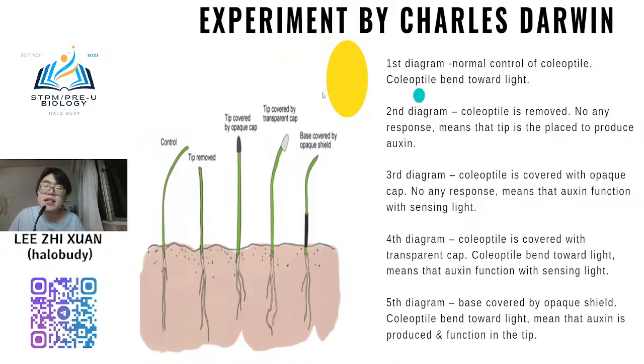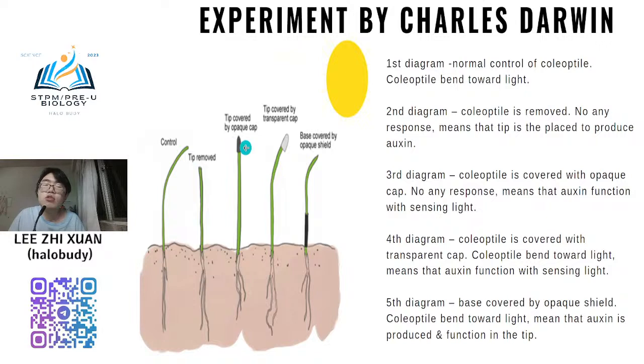So in this experiment, they concluded that auxin can be found in the tips of the shoot only. That is the first conclusion.